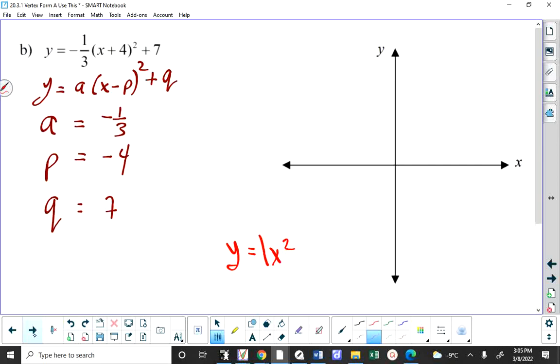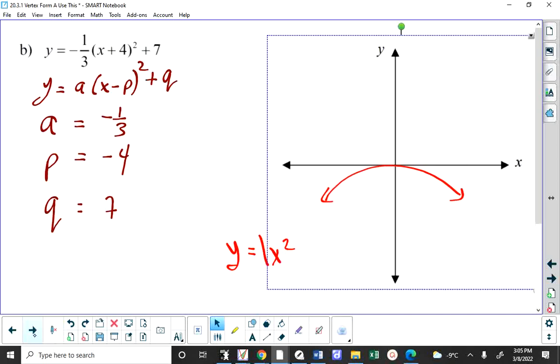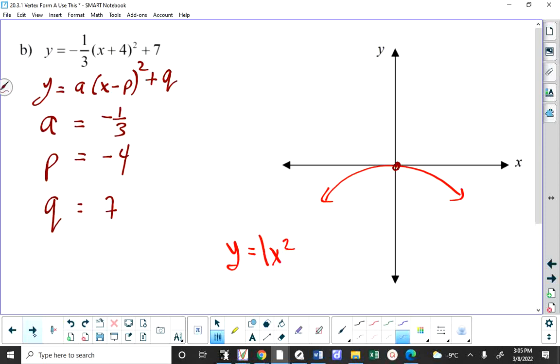So the graph is going to have a shape. Before I slide it around, it's going to have a shape that looks like this. It's going to be quite flat's the wrong word, but spread out and wide because of the third, and it opens down.